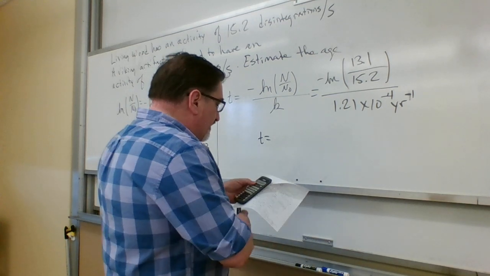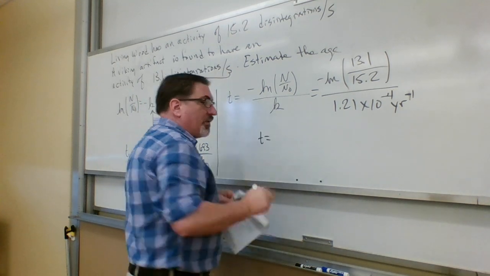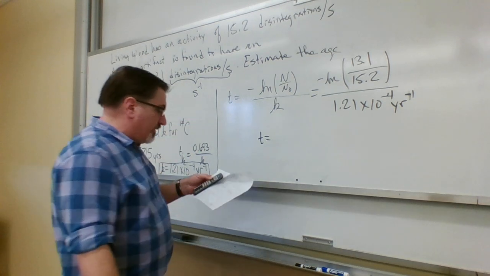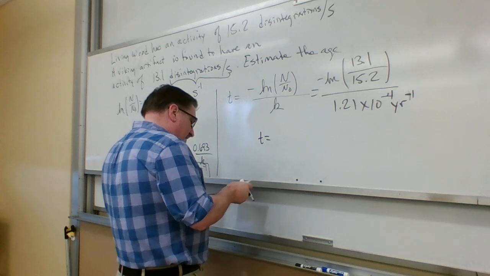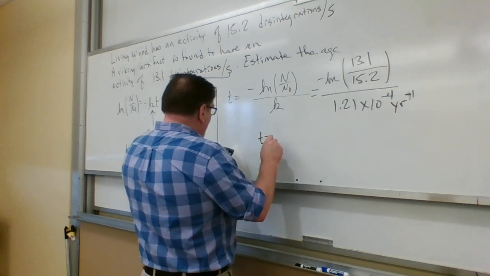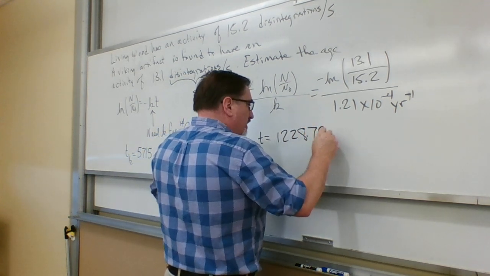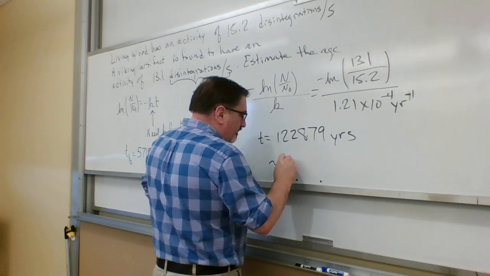I get an age of 1,228.79 years. But remember what I said about carbon dating. Don't put too many sig figs on this number. Sorry, I said 12,000, 1,200, my bad. The better thing to say is probably about 1,200 years old.